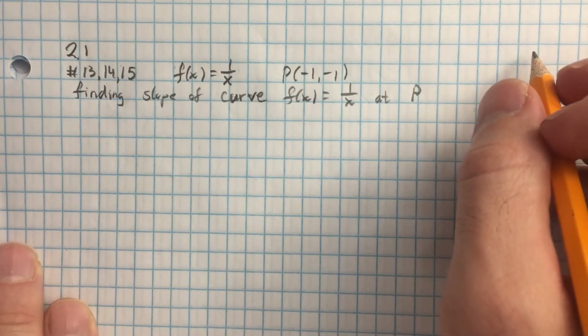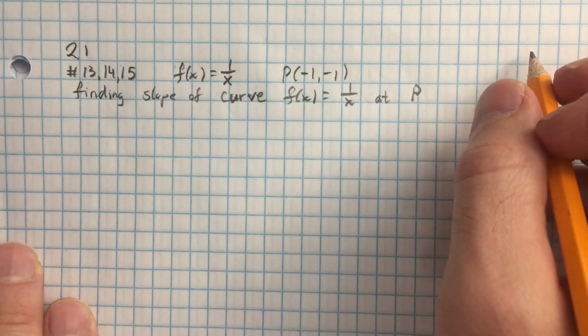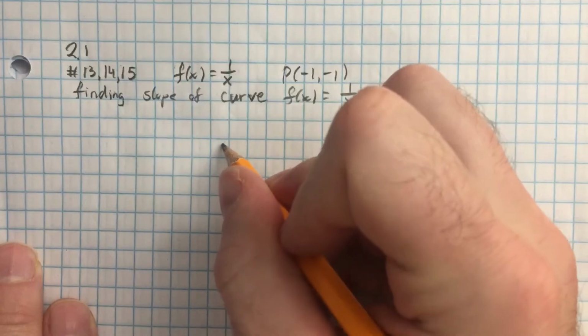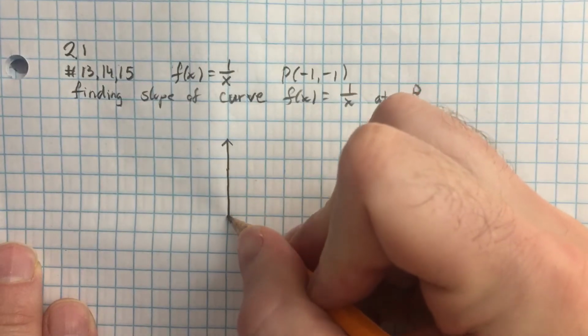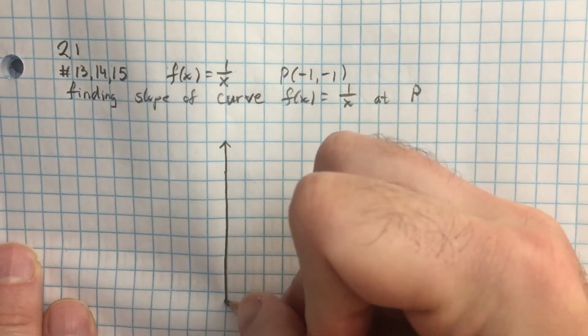I want to draw a picture of what this means first before I do the calculation. It's not necessary for the problem, but again, just to give a visual idea of what's really happening as these calculations proceed.